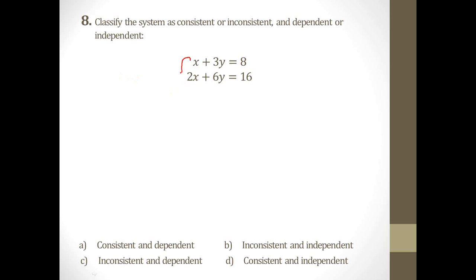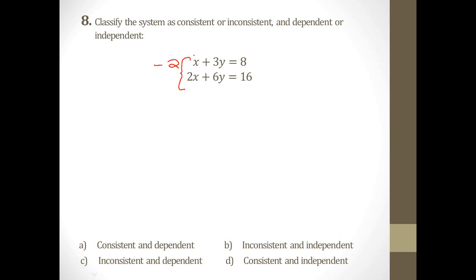So on the elimination method, you pick one of the variables that you would like to cancel. You can either cancel the x or the y. I am going to cancel the x. So what cancels a positive 2x is a negative 2x. Therefore, I'm going to multiply the first equation by negative 2.